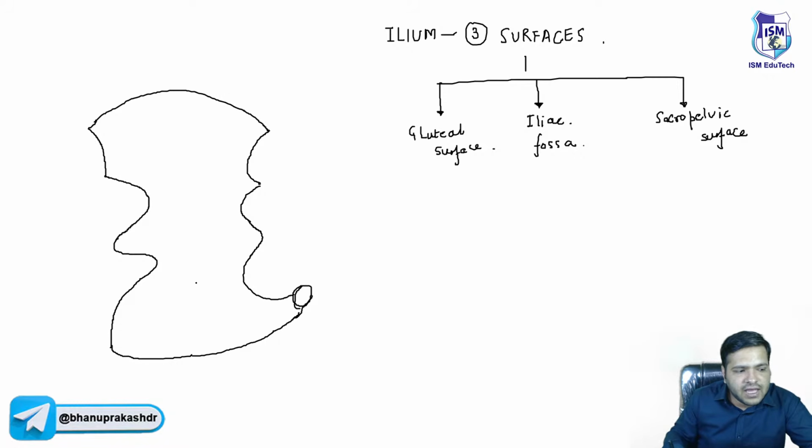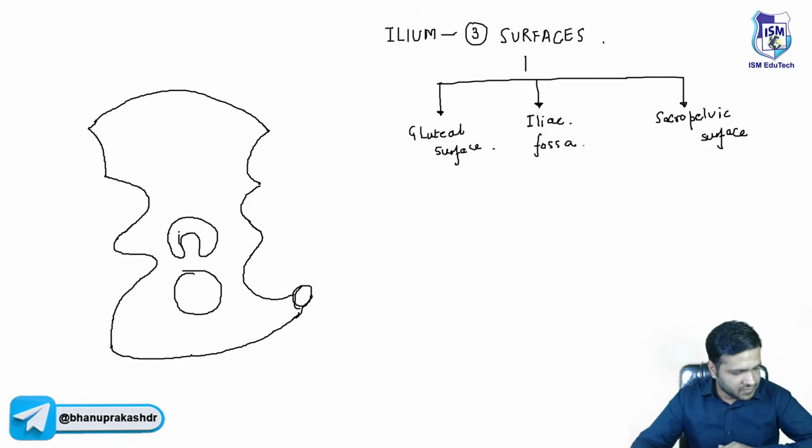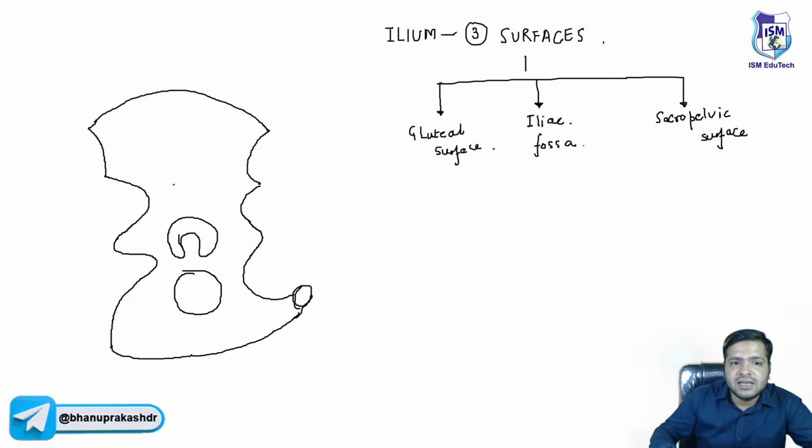Now you already know we have this obturator foramen, and we have this acetabulum. Now you are already aware, beta, that there are three lines. This is the anterior, this is the posterior, and this is the lateral view.